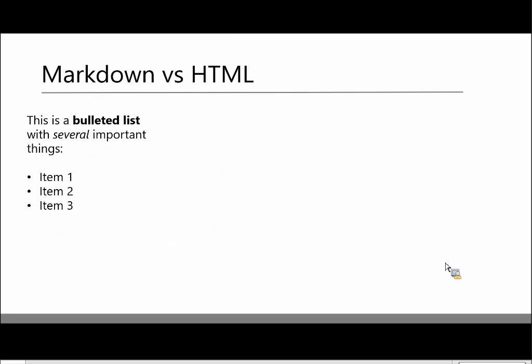So this is just to illustrate the motivation for the creation of Markdown. The text on the left here is what we call marked up text, right? We have bolded text, we have italics, we've got bulleted points, and that's normally what you would do yourself in Word.